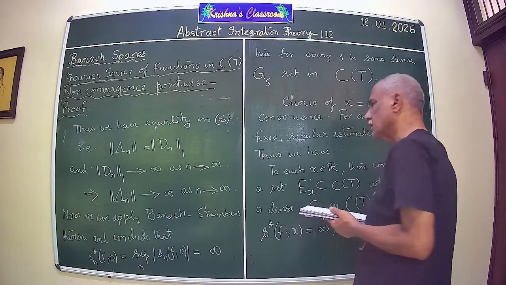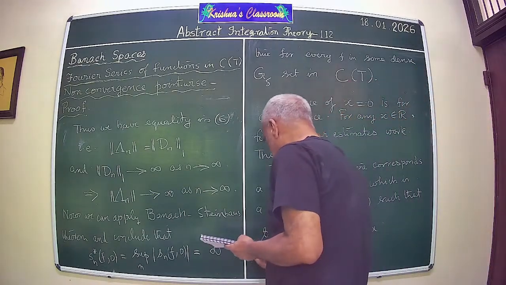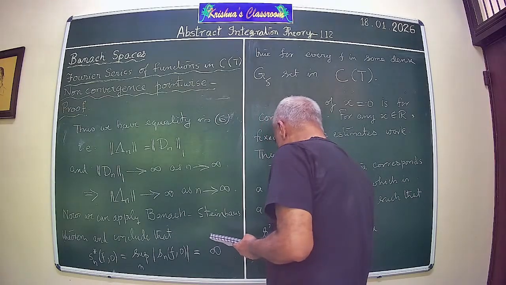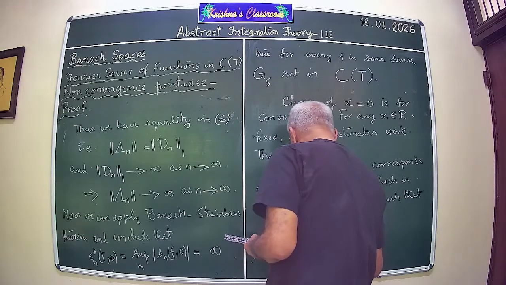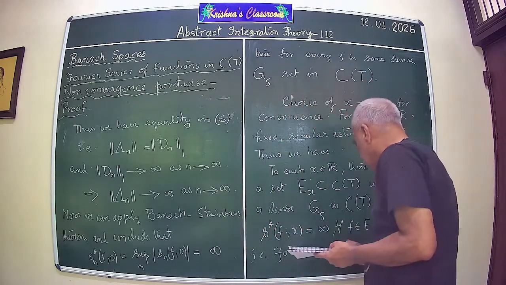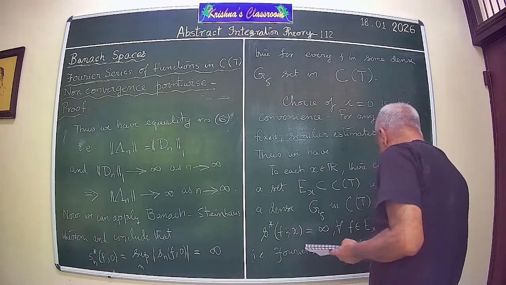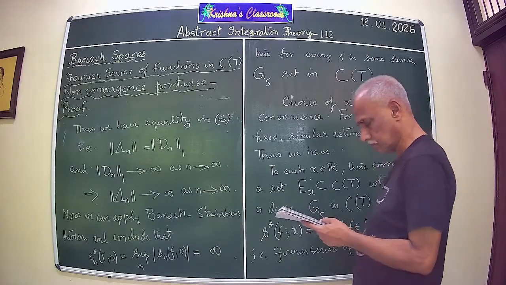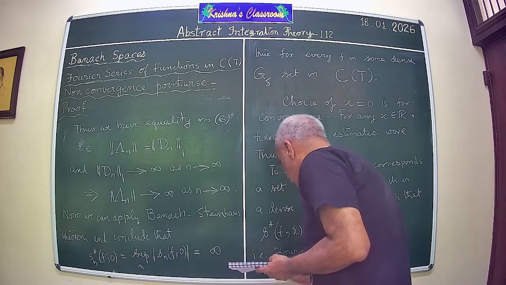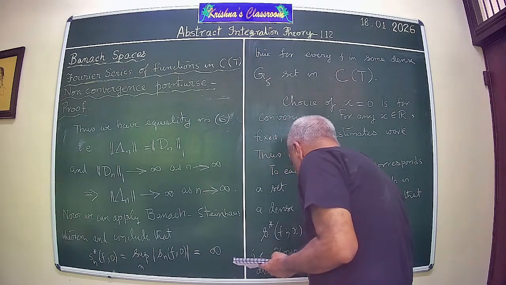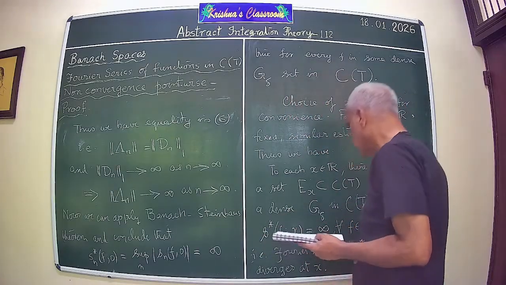The conclusion is that you don't have pointwise convergence. That is, the Fourier series of each f in E_x diverges at x, and hence this is the conclusion.